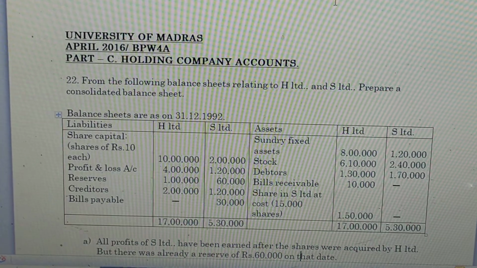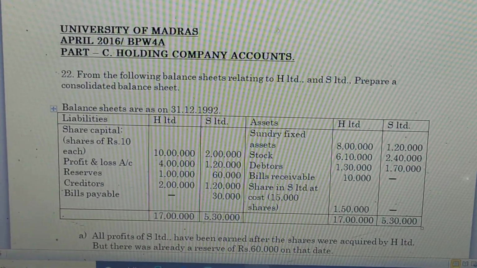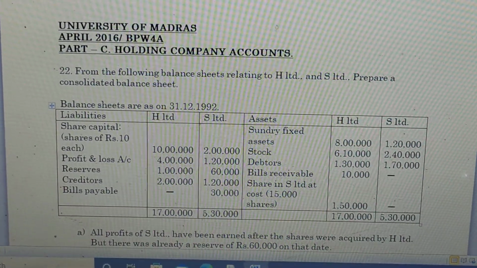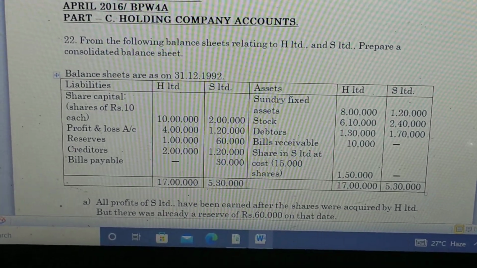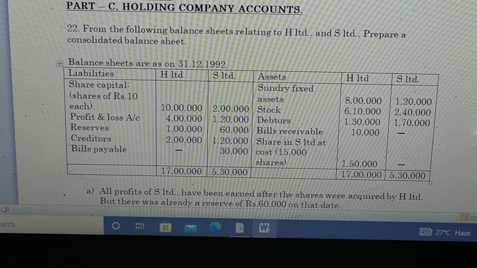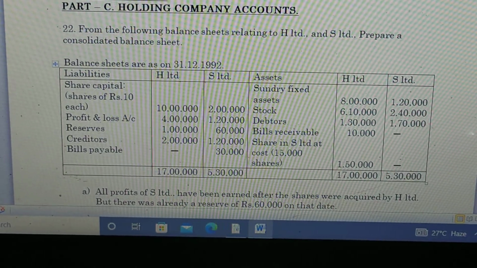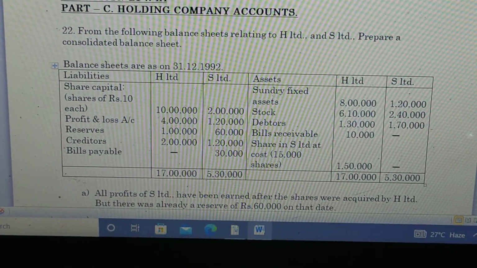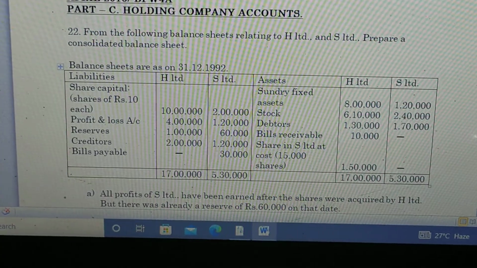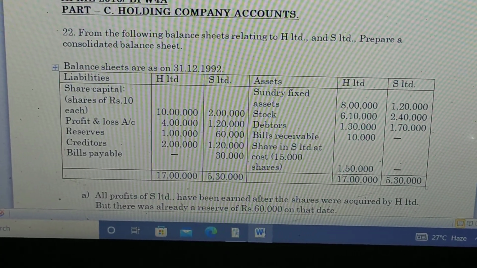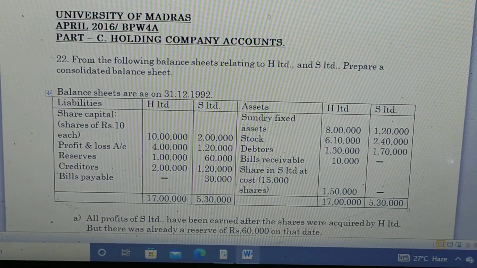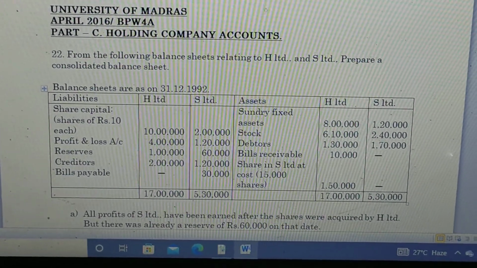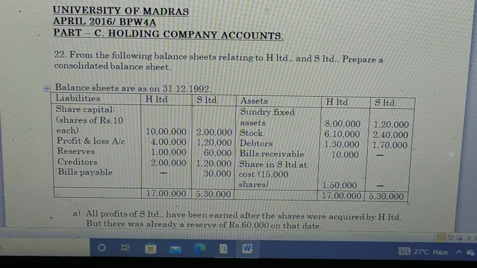From the following balance sheets relating to H Limited and S Limited, prepare a consolidated balance sheet. Balance sheets are as on 31/12/1992. On the liabilities side, share capital, shares of rupees 10 each, 10 lakhs for H Limited, 2 lakhs for S Limited.